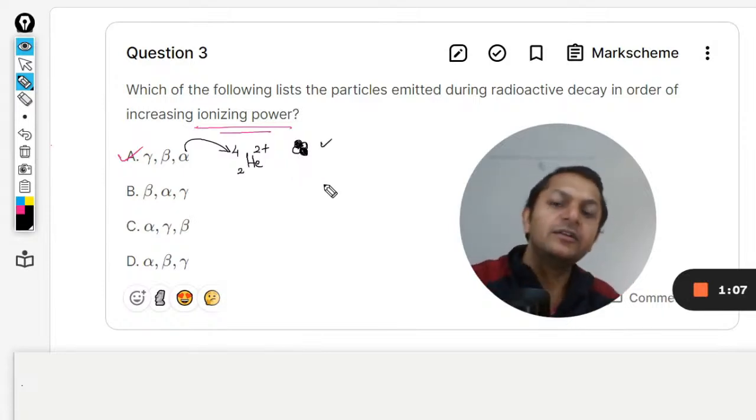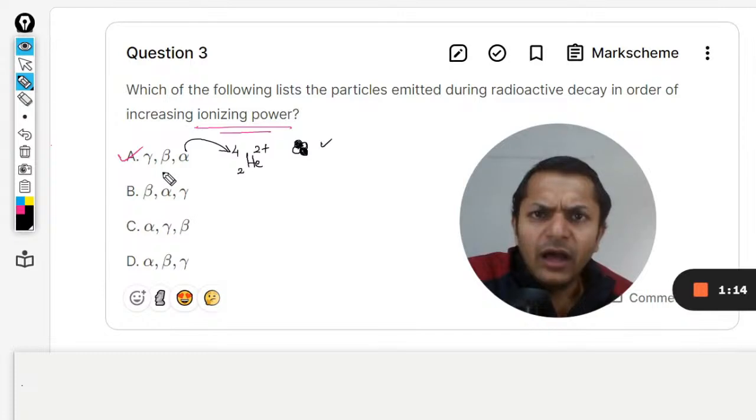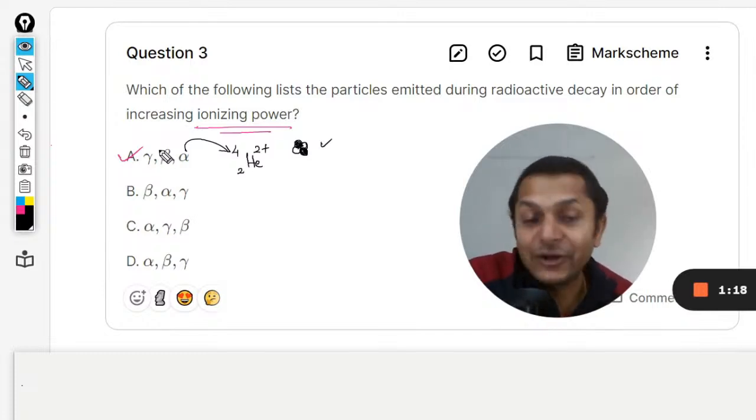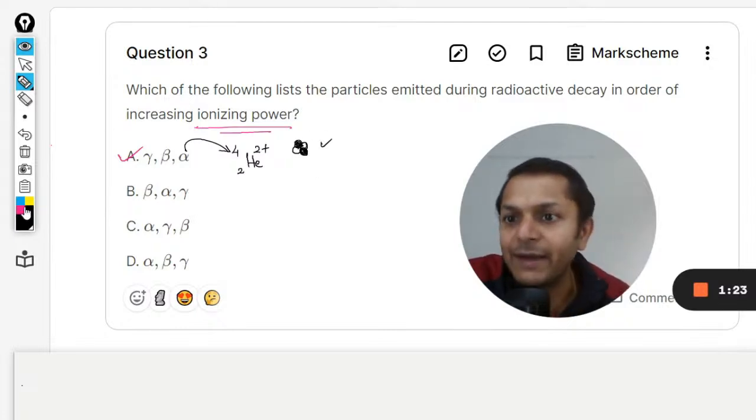Now this alpha particle is comparatively bigger in size and heavier than beta, which is just an electron, and gamma, which is actually not a particle but an electromagnetic wave. So alpha is regarded as a very heavy particle.